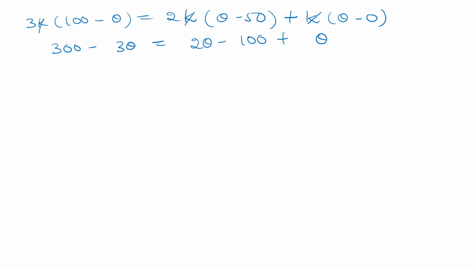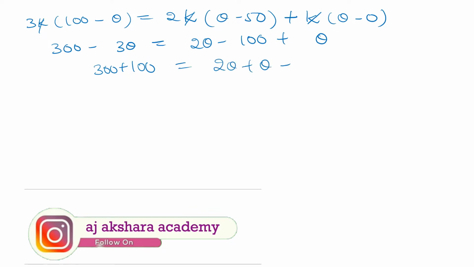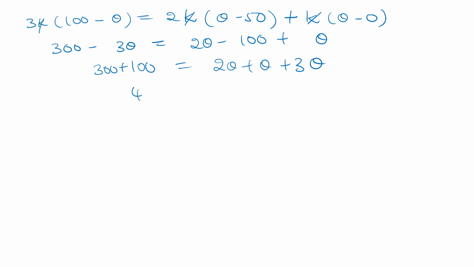Now 300 plus 100 is equal to 2 theta plus theta plus 3 theta, so 400 is equal to 6 theta. 6 theta is equal to 400, or theta is equal to 400 by 6.